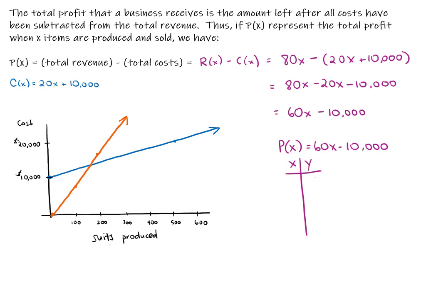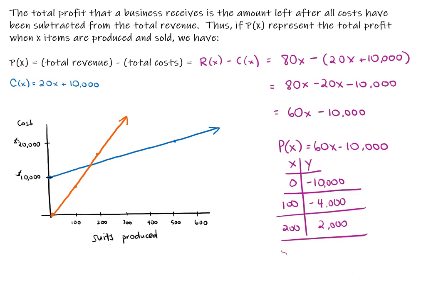We're asked to graph that on the same axis, so I made a T-chart. Plugging in 0, we would get negative 10,000. Plugging in 100, we would get 6,000 minus 10,000, which is negative 4,000. Plugging in 200, we would get 12,000 minus 10,000, which is positive 2,000. And we could continue with this. Plugging in 300, we would get 18,000 minus 10,000, which is 8,000.